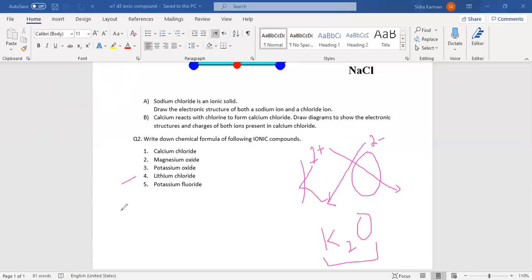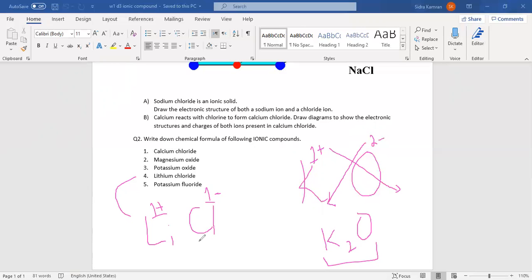Next is lithium chloride. Lithium has the symbol Li, and chloride is Cl. Sorry, it's lithium chloride, not oxide. Lithium has a plus 1 valency and chloride has a 1 minus valency.